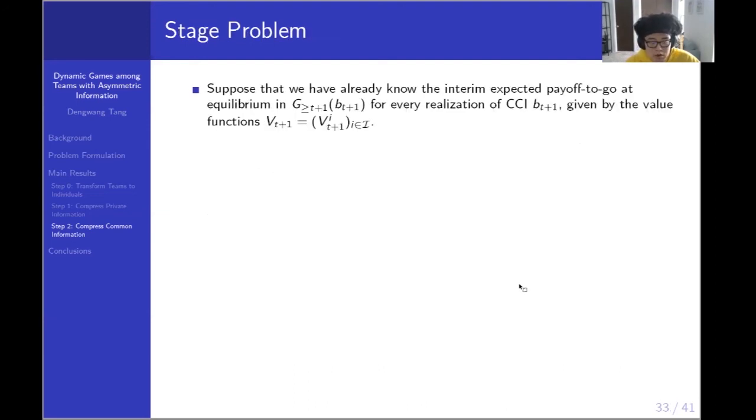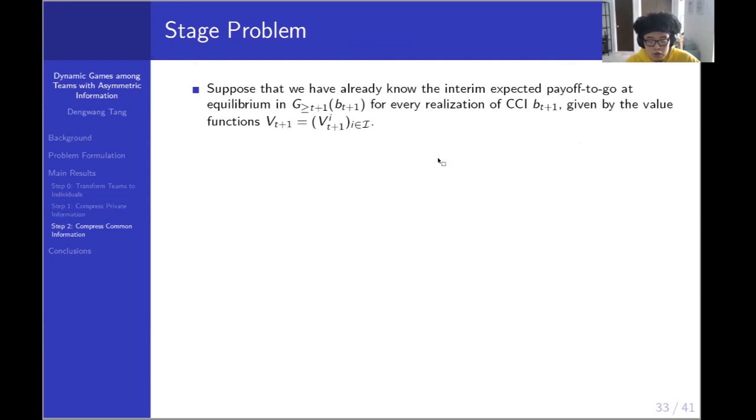So how does this work? Suppose that we already know the interim expected payoff to go at equilibrium for the game at time t plus 1, for every realization of the CCI, compressed common information, B of t plus 1. And this information is given by the value functions.